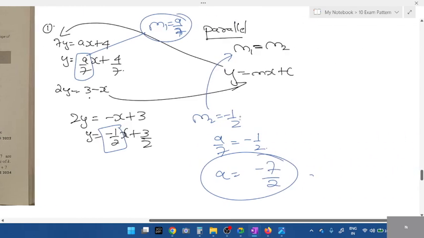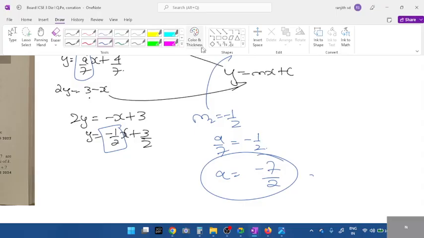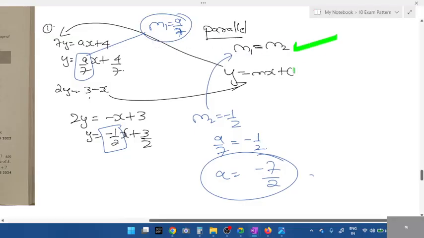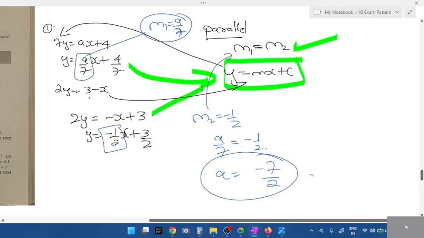Just go through this. As soon as you see parallel, you should write m1 is equal to m2. Then this is a general equation. Arrange this equation according to this. Look, I have arranged both the equations according to this.